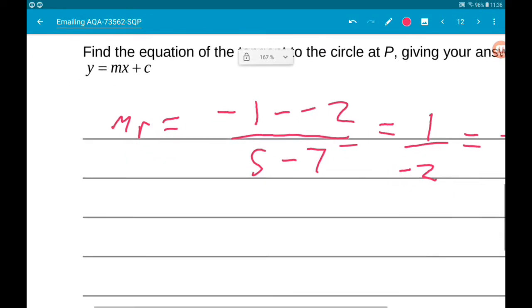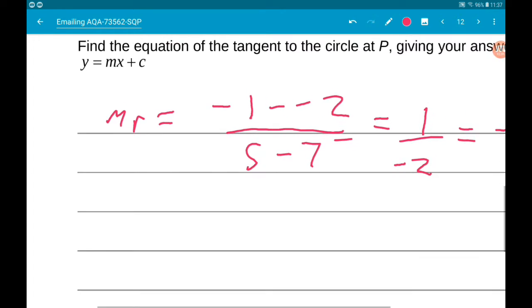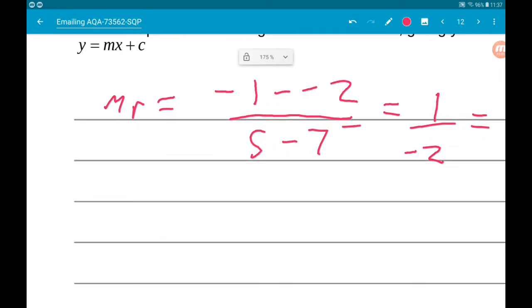And therefore, now remember the gradient of a radius and gradient of a tangent are perpendicular, so they multiply together to −1. So we know then that −1/2 times the gradient of the tangent is equal to −1.